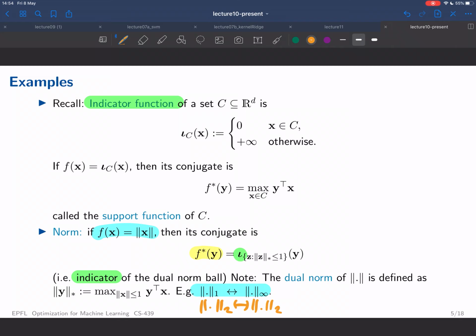You can use this example to verify you understand the definition here and verify the property. And again, if you have norms, it's very easy for us to compute the dual function, or the conjugate function, sorry.